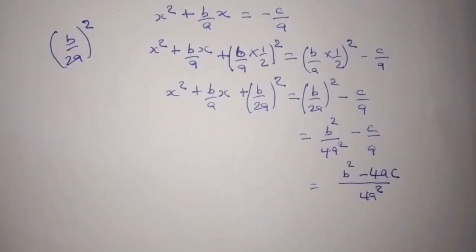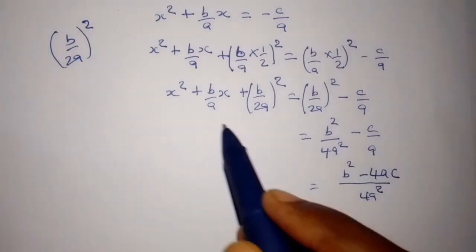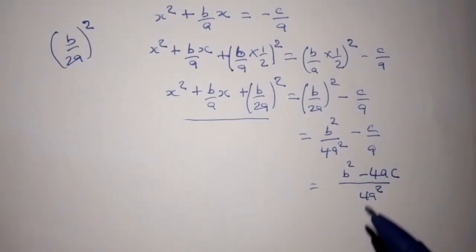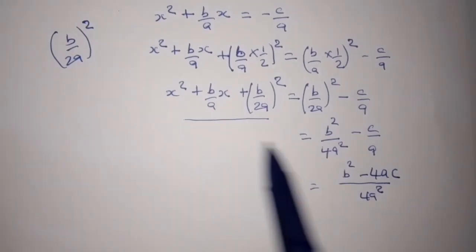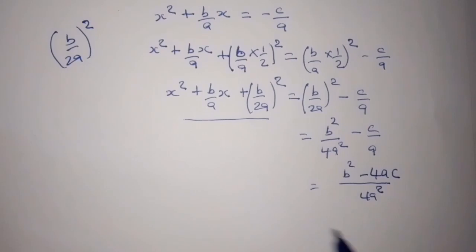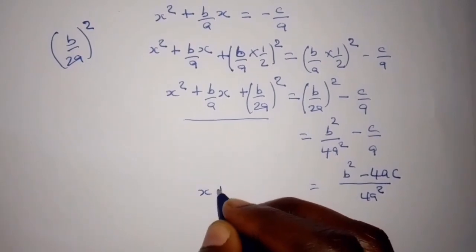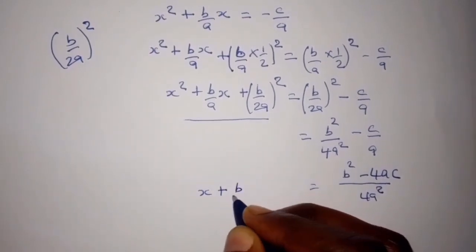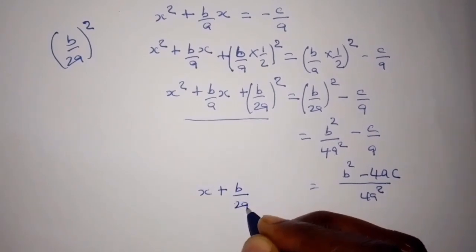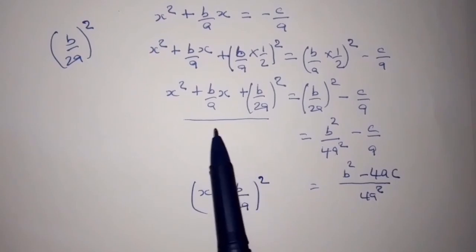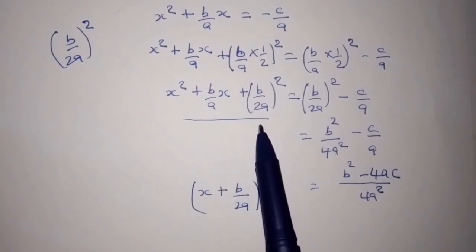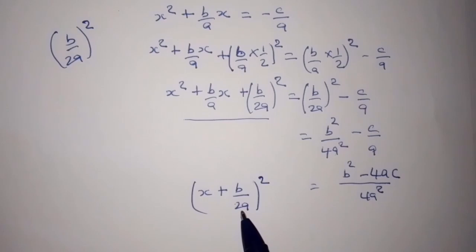So from here, factorizing the left hand side, we are going to have x plus b over 2a, squared.